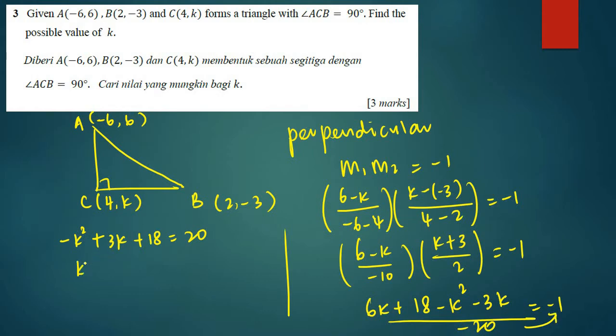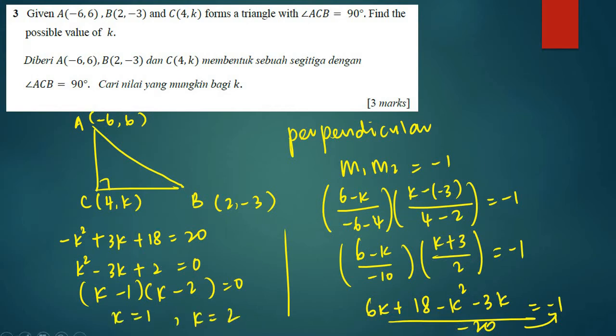So arrange properly, negate the whole thing to make K power 2 positive. So this one will get negative 2, then at last positive 2. So factorize. K equals 1, K equals 2. Okay, 2 answers for this one.